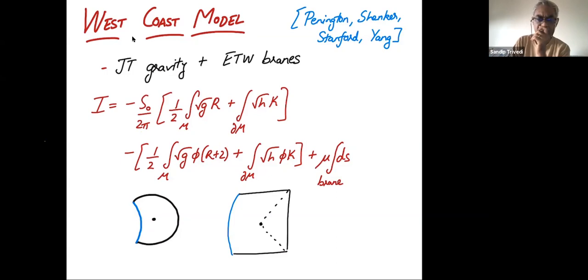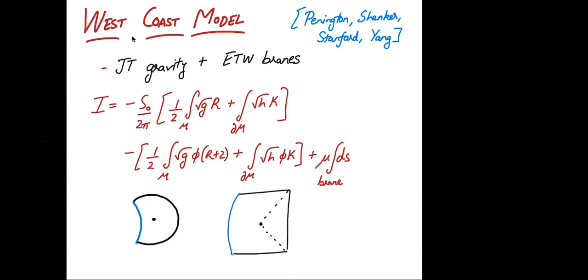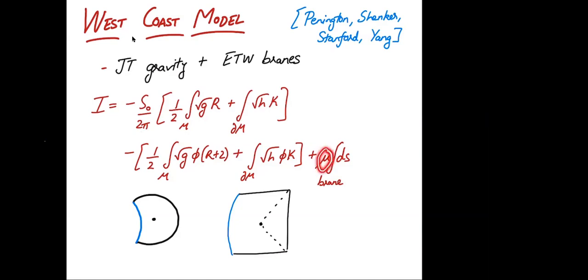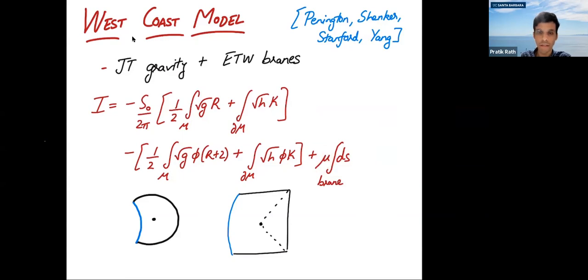Okay. So in this model, how do we think of this as black hole information? Sorry, Pratik. Normally, when you have a brane, the discontinuity of the extrinsic curvatures across the two sides of the brane is the tension of the brane. Yes. So here the tension is like the mass of the brane. It's a 1D thing, so there's a discontinuity in the derivative across this, and we're keeping only one piece of it.